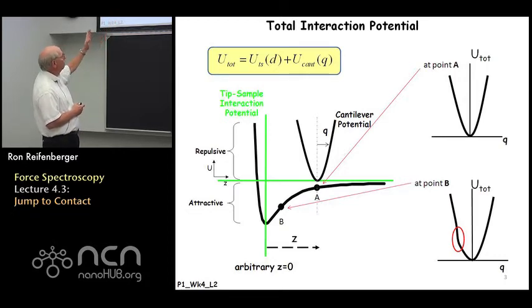As you move the tip closer to the substrate, then the actual distortion of the interaction potential energy due to the tip-substrate interaction comes in. The quadratic potential well starts to get distorted, as I've indicated by this circle line, which schematically indicates the type of effects that you're going to see.